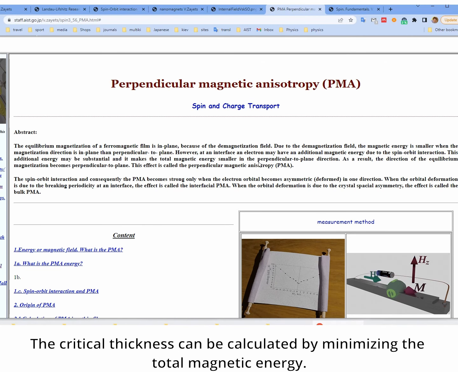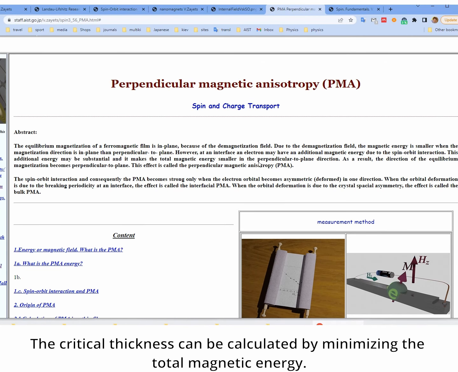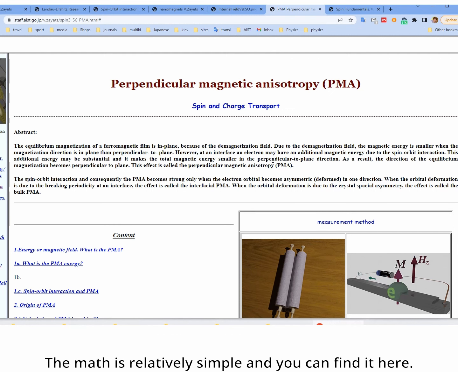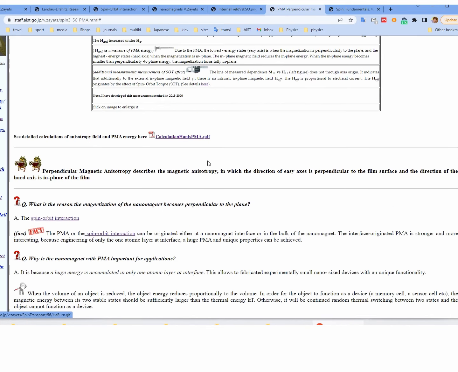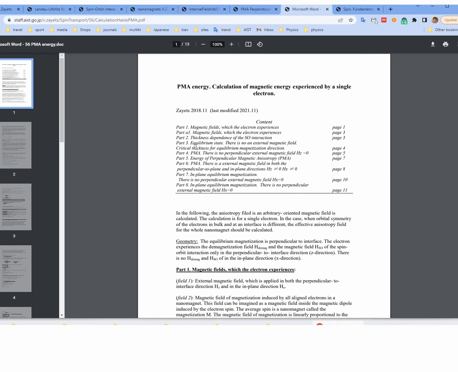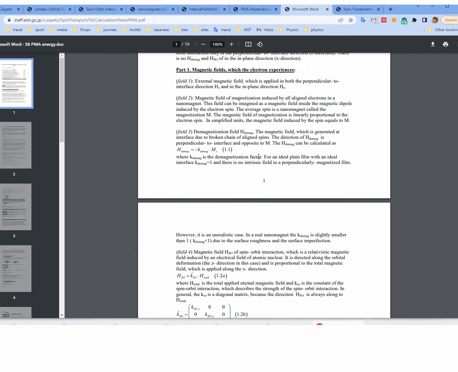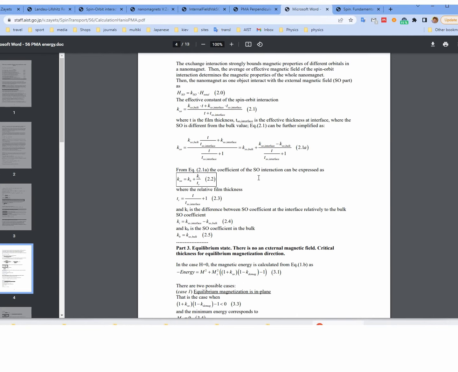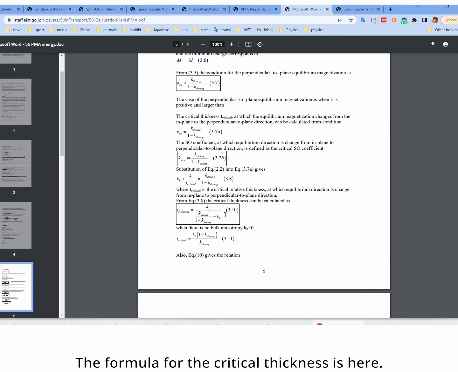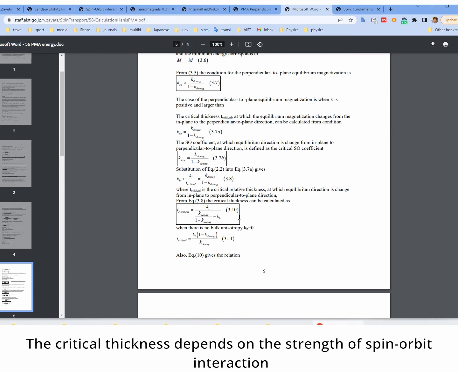The critical thickness can be calculated by minimizing the total magnetic energy. The math is relatively simple, and you can find it here. Thickness dependence, critical thickness, page number 5. The formula for critical thickness is here.